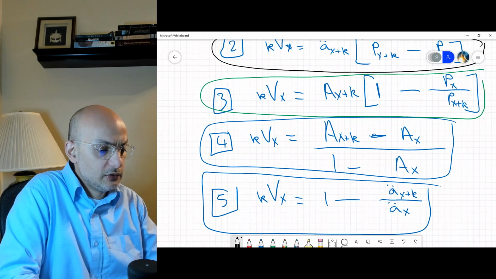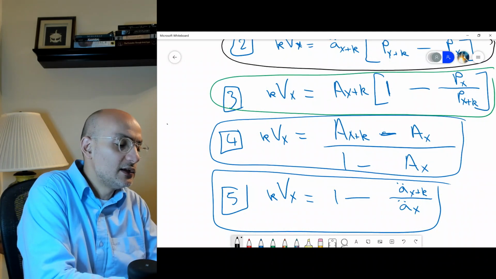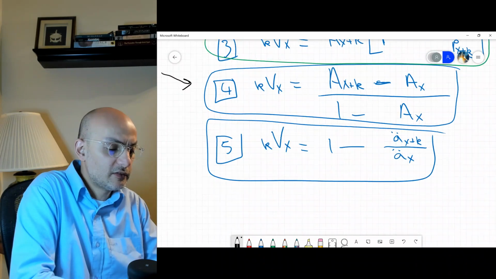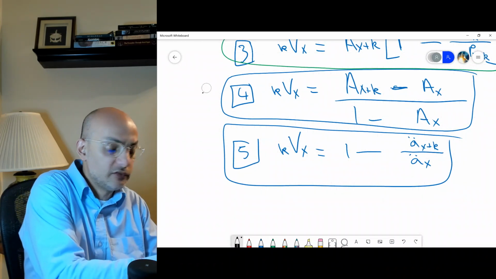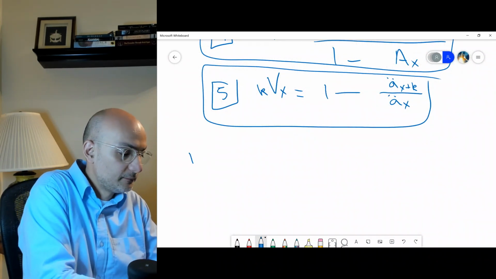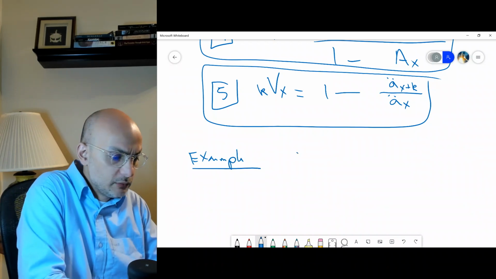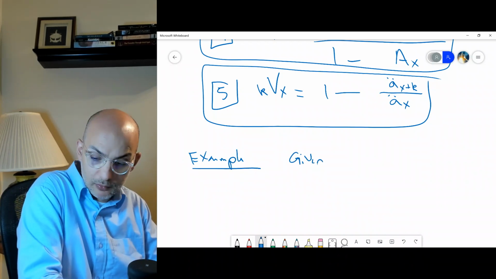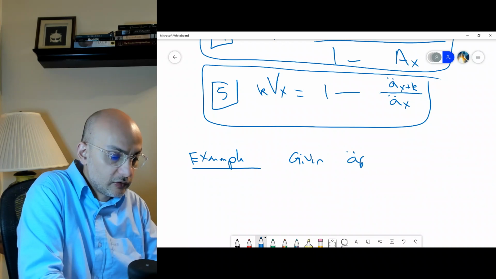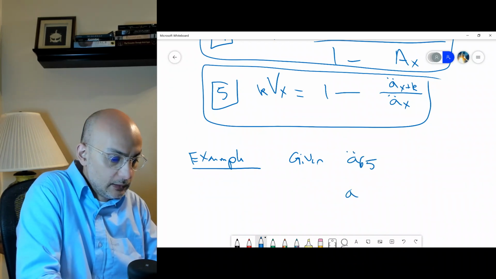Last time I gave you a question where in the uniform case it's better to use this one. Now let's take another example where we have to use a different one. We are given only ä65 and ä60.